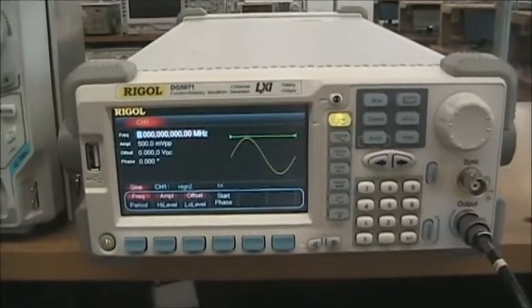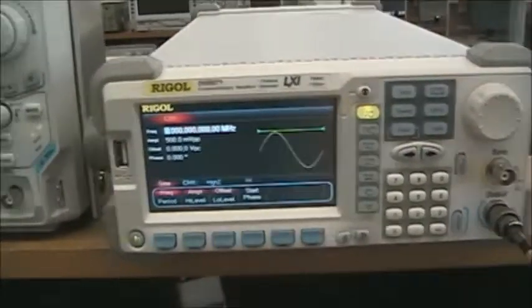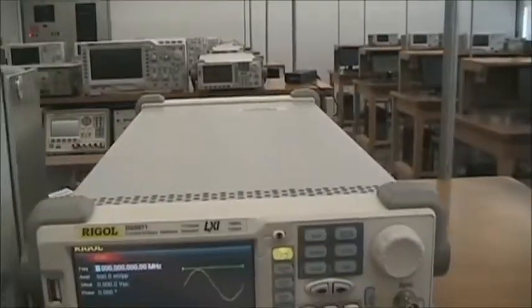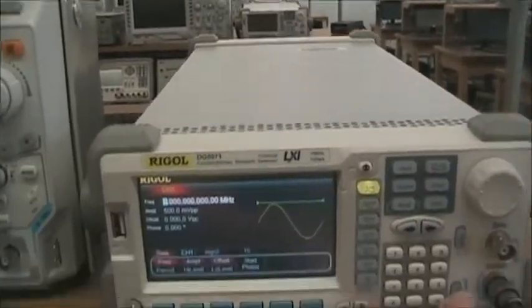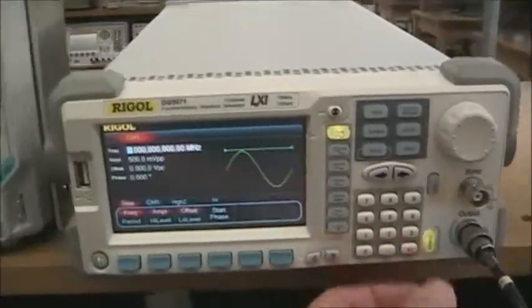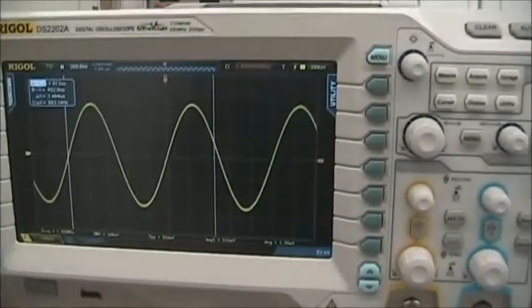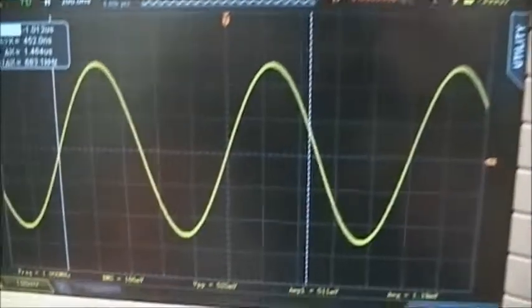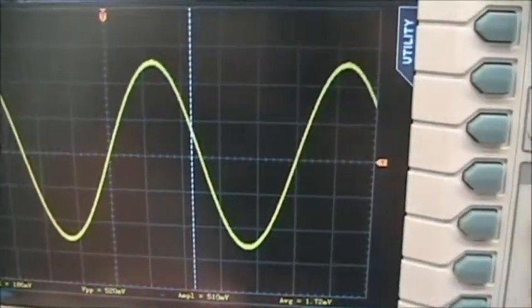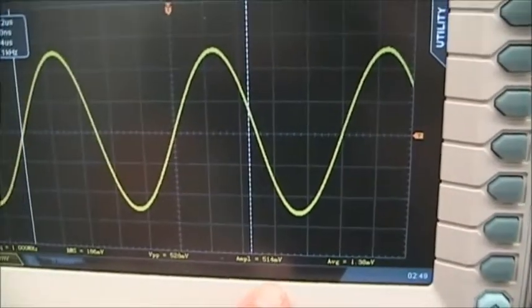The test setup is simply to connect the function generator to the oscilloscope and activate the signal output. We will see the signal displayed on the scope: 1 megahertz, 500 millivolts peak to peak.